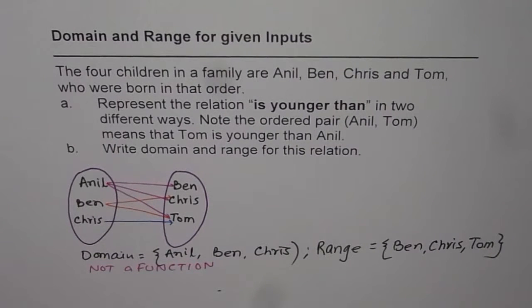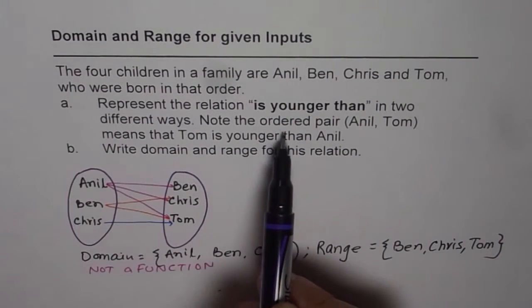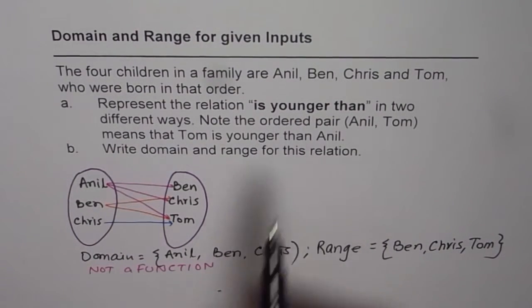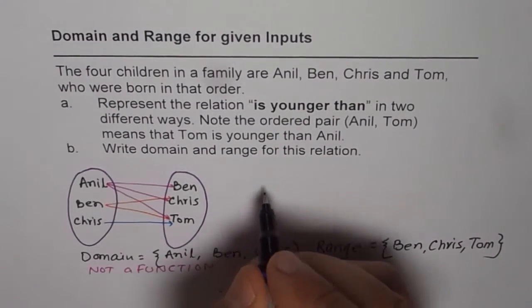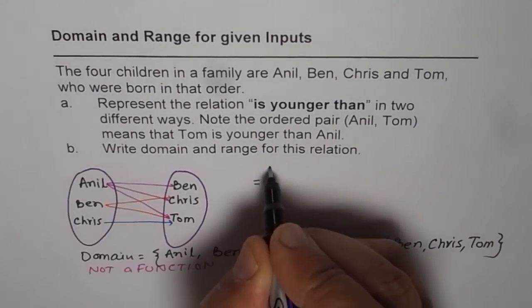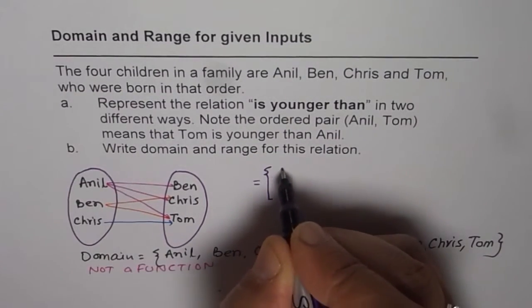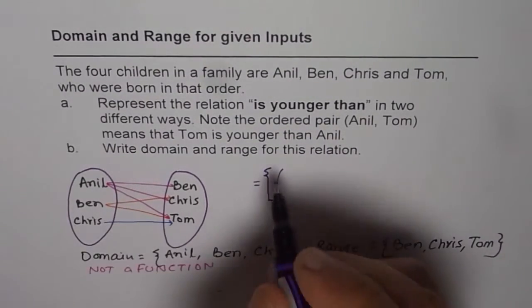Now let us list the relation in a different form. I'll put it as a set of ordered pairs. "Is younger than" can be written as a set of ordered pairs in curly brackets. For Anil it is 3, right?